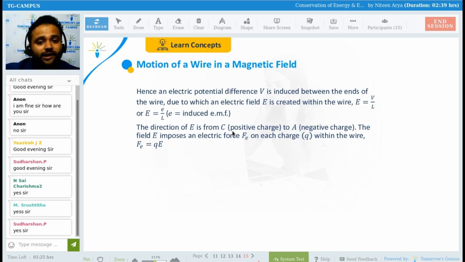Moving ahead, now I can find everything like potential difference or electric field. When I have the potential difference, I have an electric field also, isn't it? Because this potential difference is nothing but EMF.